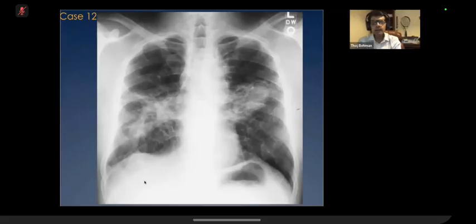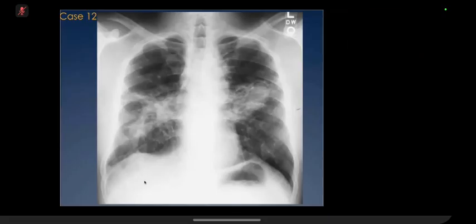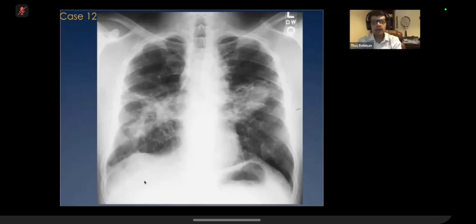Can you see reticular opacities anywhere? It's more scarring than reticular opacities. Exactly. This is a parenchymal scarring process, not an interstitial fibrotic process. You correctly picked up the tenting of the diaphragm, and those lines are actually fibrosis. When the lung scars after inflammation, there is scar tissue, and that's how it appears.